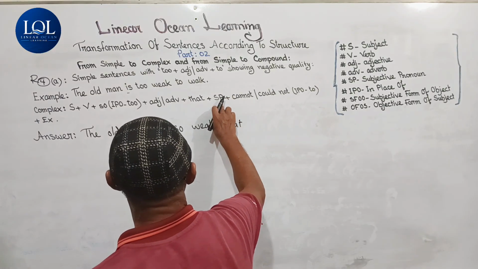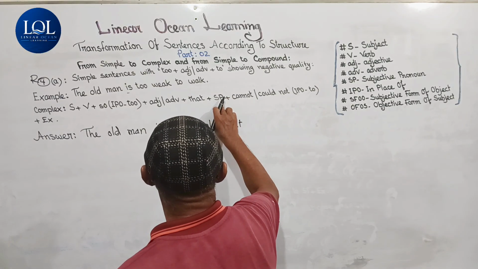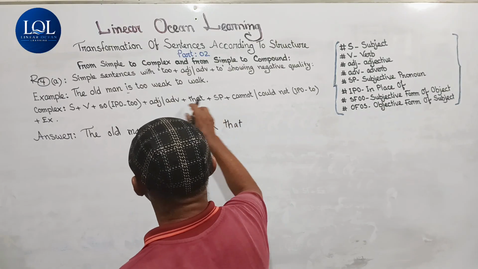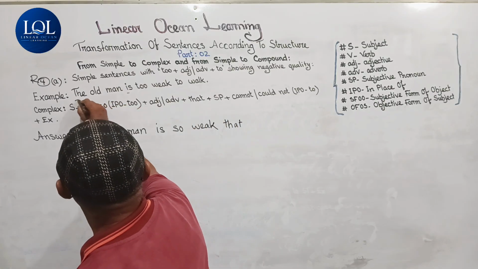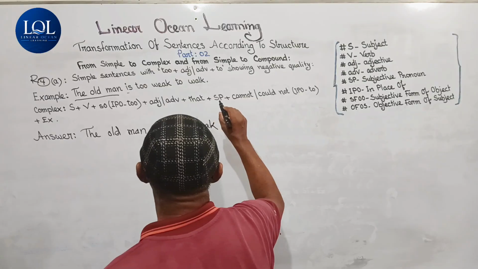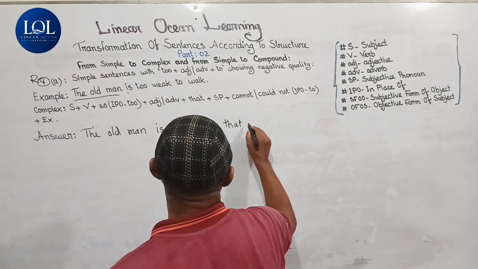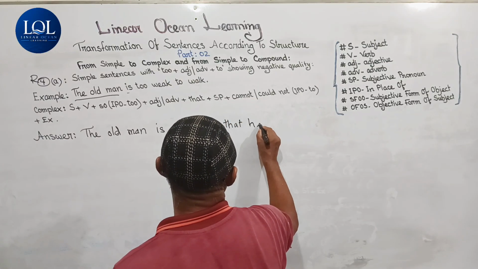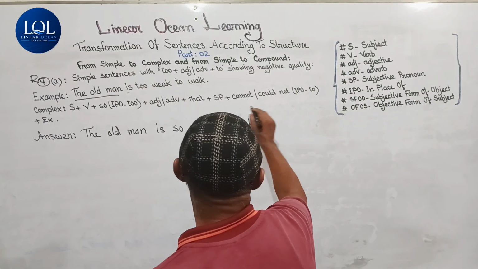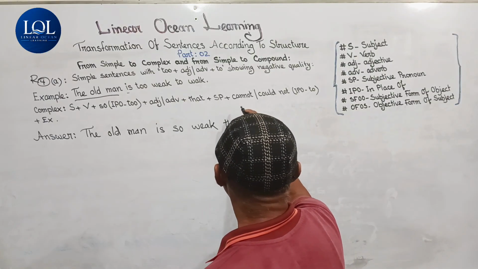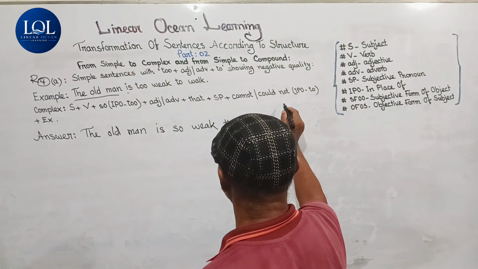SP here is subjective pronoun. Here the subject is the old man and its subjective pronoun will be "he". Then "cannot" or "could not".